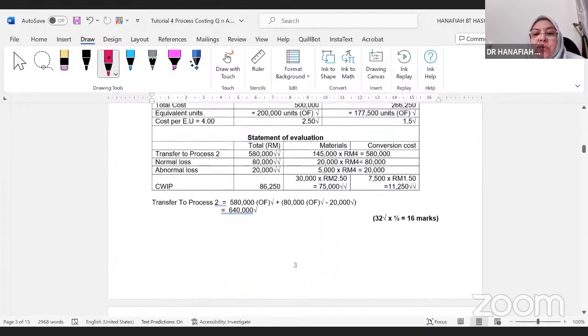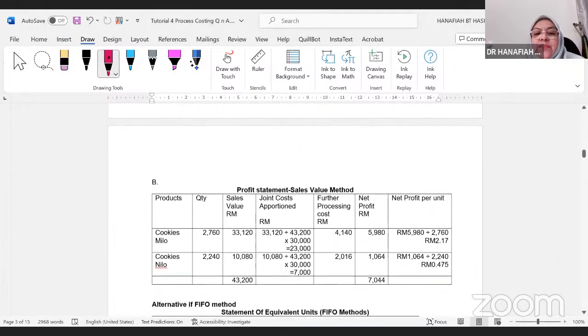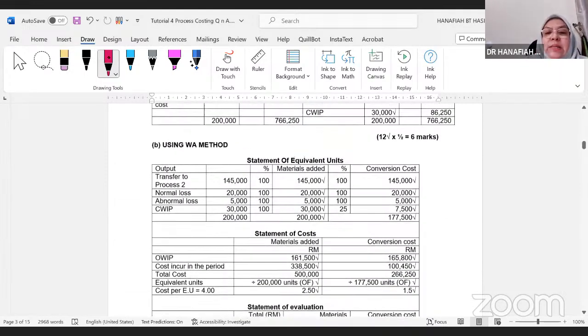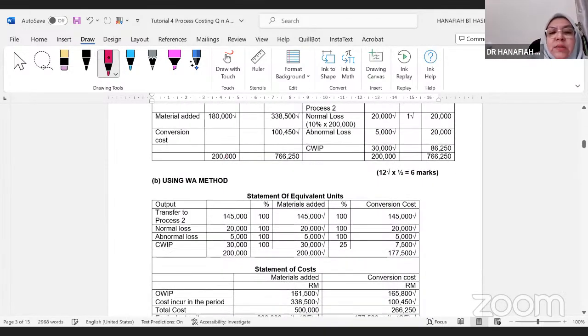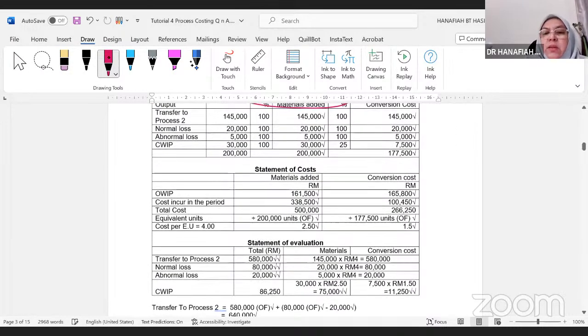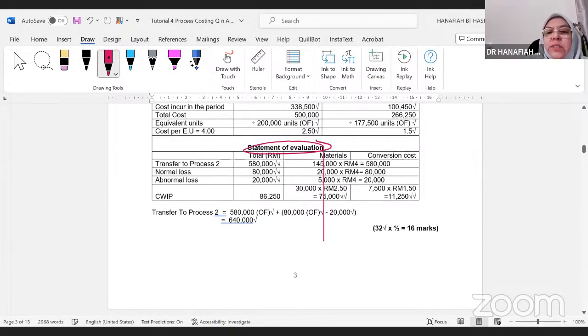Try to work out, using weighted average, how to prepare the statement of cost and statement of evaluation.